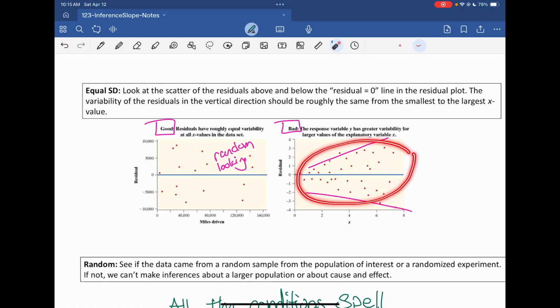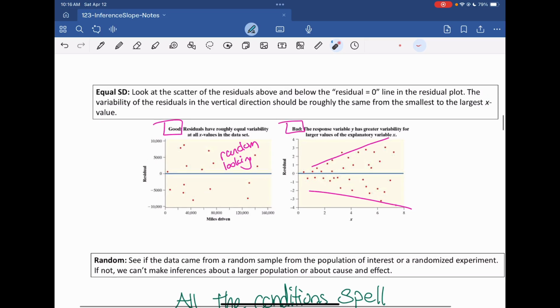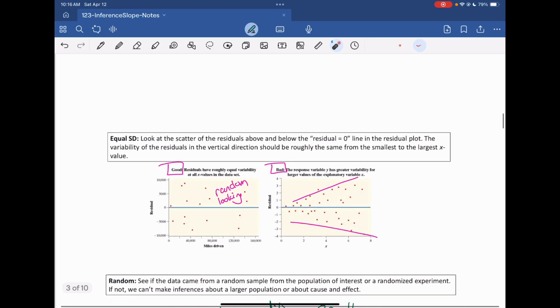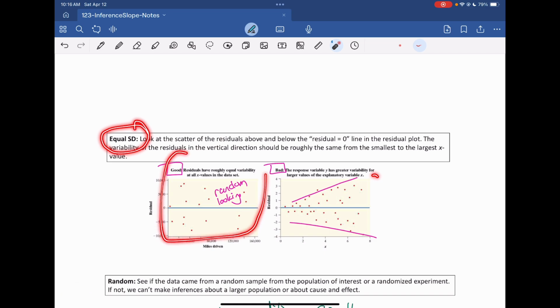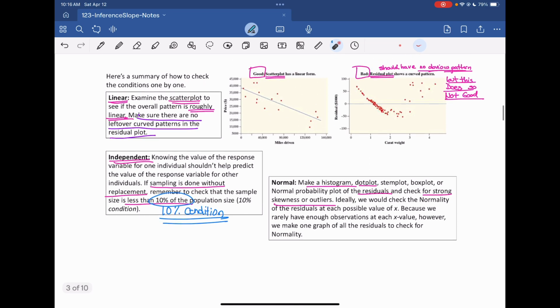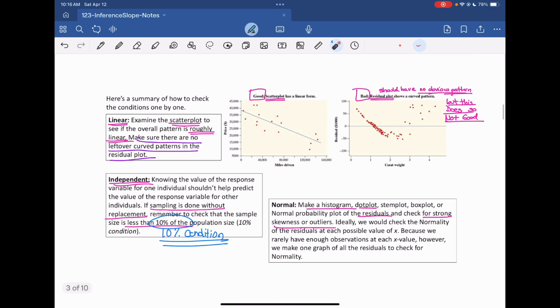These are not. Notice that for equal SD, these are closer, and then these are farther apart. Well, it also makes sense that you probably will have equal SD if you have not failed the linear aspect.